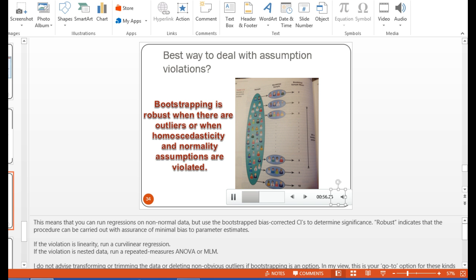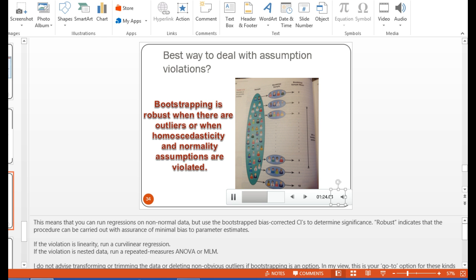If the violation is nested data, that means that there are correlated residuals, meaning people are in teams and those teams share different attributes, and so people within teams will make similar residuals, basically, in the data. And so when we have individuals nested within teams, or we have data points from the same person over time, that will also cause correlated residuals. So our regular OLS regression is inappropriate in those cases.